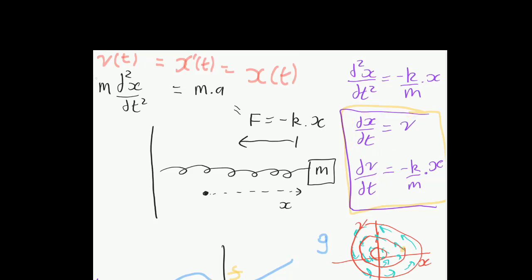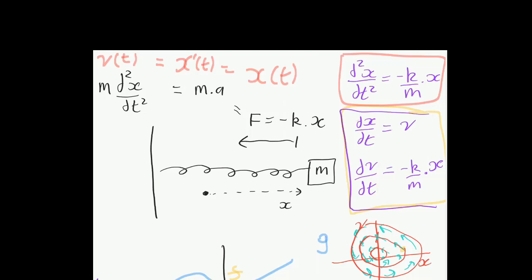And also, if we take this law, we can rearrange it to get that the acceleration is equal to -k over m times x. And the acceleration is the rate of change of the velocity. So we've got that dv by dt is -k over m times x.